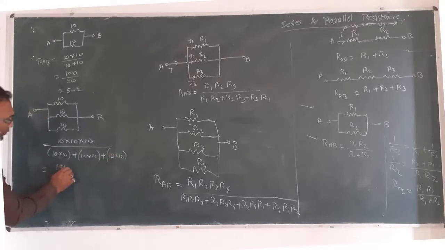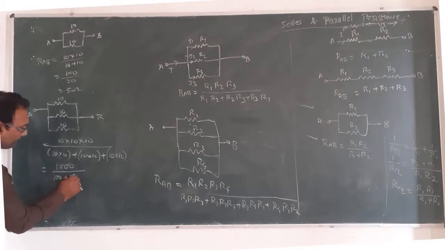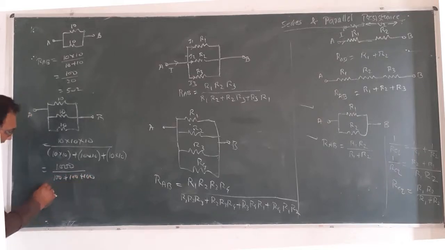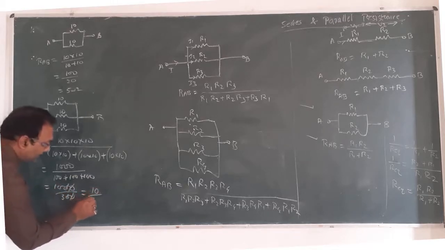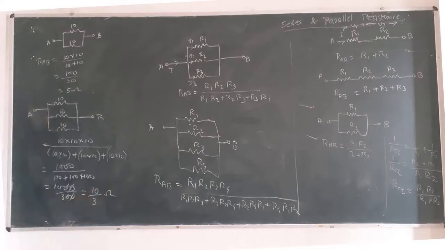So it is 1000 divided by 100 plus 100 plus 100, that is 1000 divided by 300. So basically it comes out to be 10 upon 3 ohms. Right? 10 upon 3 ohms.